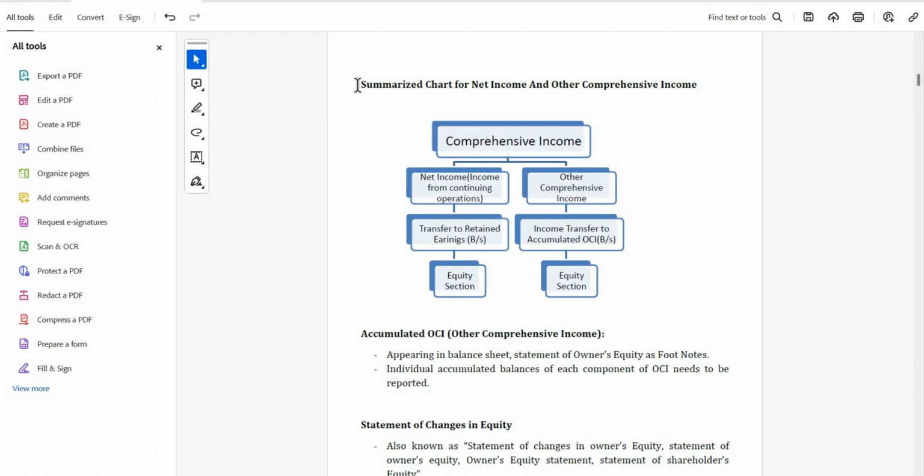So coming to the summarized chart of net income and other comprehensive income. Comprehensive income is divided into two parts: net income and other comprehensive income.